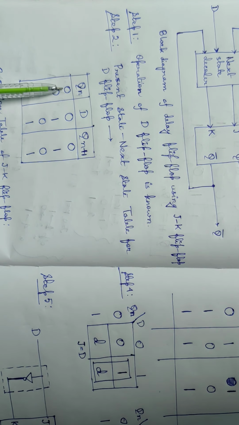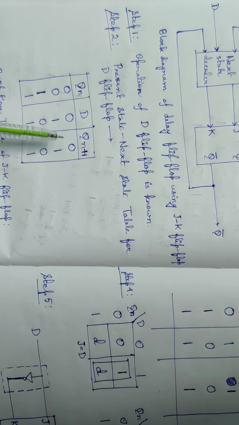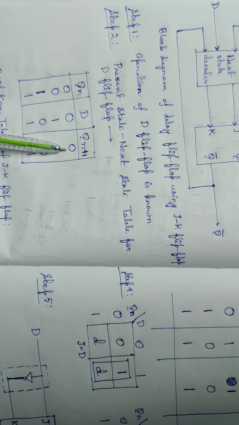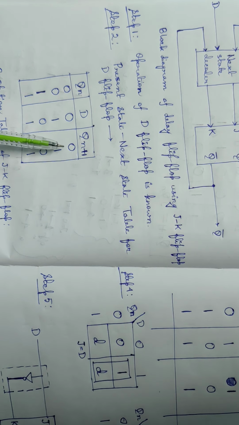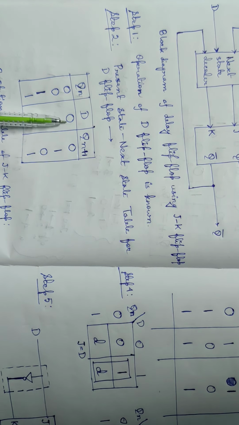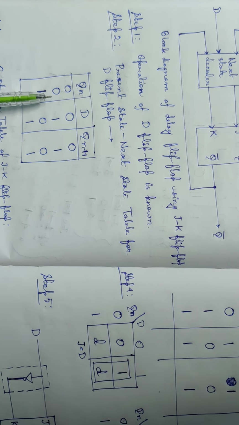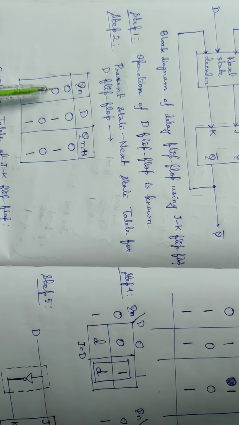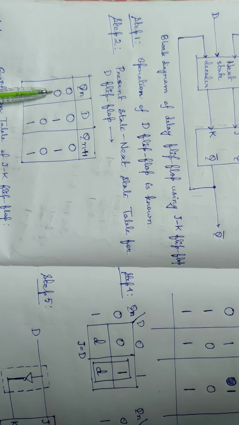When the present state output is 0 and D is 0, then the next state output will also be 0. As you all know, in a D flip-flop the next state output follows the D input. Second case, the present state output is 0.